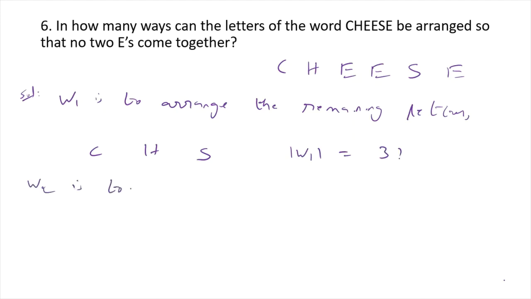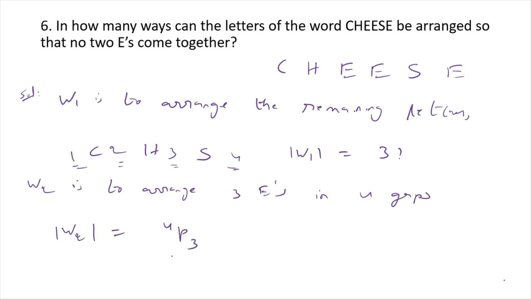W2 is to arrange 3 e's in 4 gaps, because we have 4 gaps, 1, 2, 3 and 4. These are my 4 gaps. So I have to arrange these 3 e's in these 4 gaps. So number of ways of doing W2: I have 4 gaps and 3 e's, so I can do it in 4P3 ways.